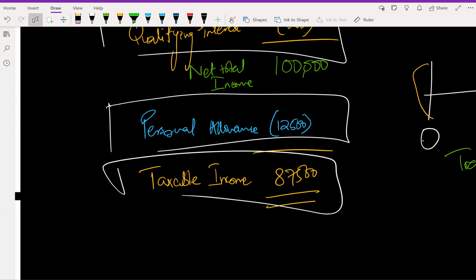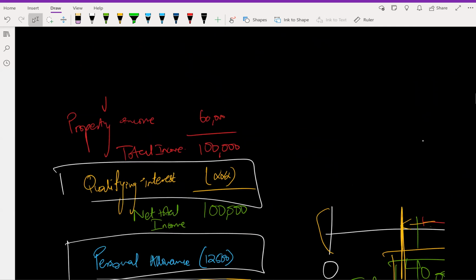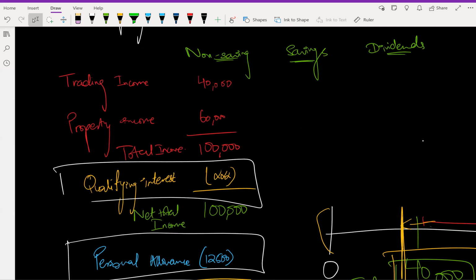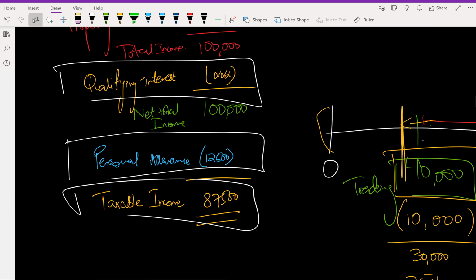Now, a student might ask: sir, we talked about three categories: non-savings, savings, and dividend. All the deductions you've shown are from non-savings. Why haven't you touched savings and dividends?